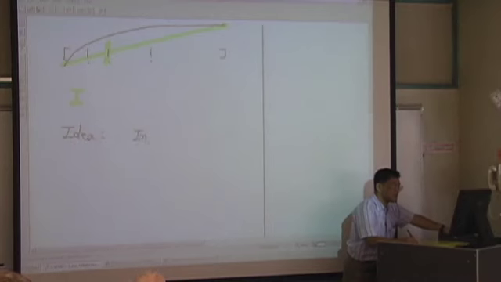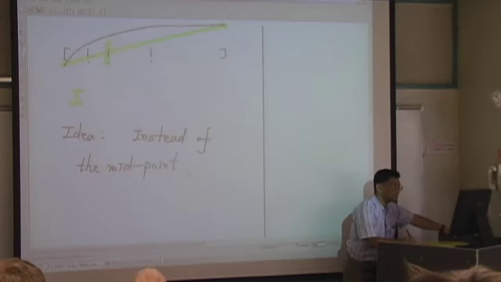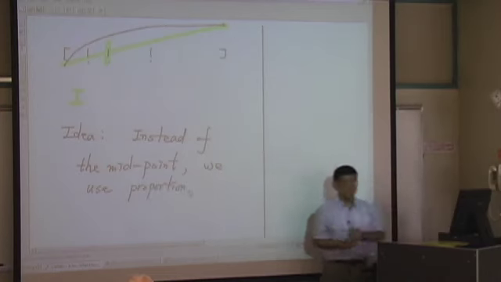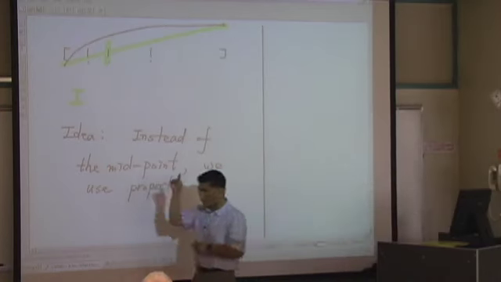Instead of the middle point, we use proportion between the heights.